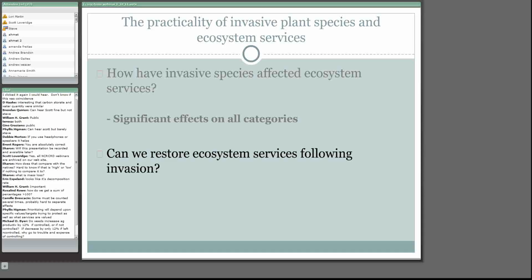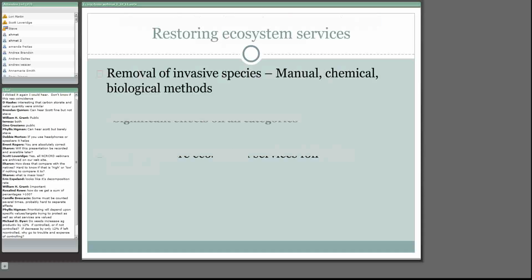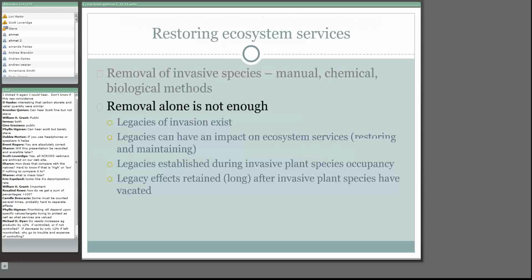Many of us are familiar with the control of invasive plants, removing them from locations. There's manual, chemical, biological methods available, but in many cases removal alone is not enough.